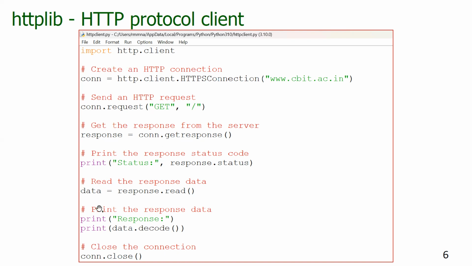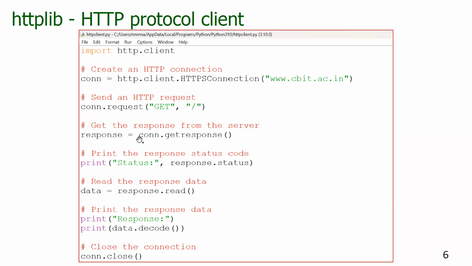Creating the connection and closing it are common for any HTTP related program. The other steps in between are sending the request, getting the response, printing the status code, reading the data, and printing it.